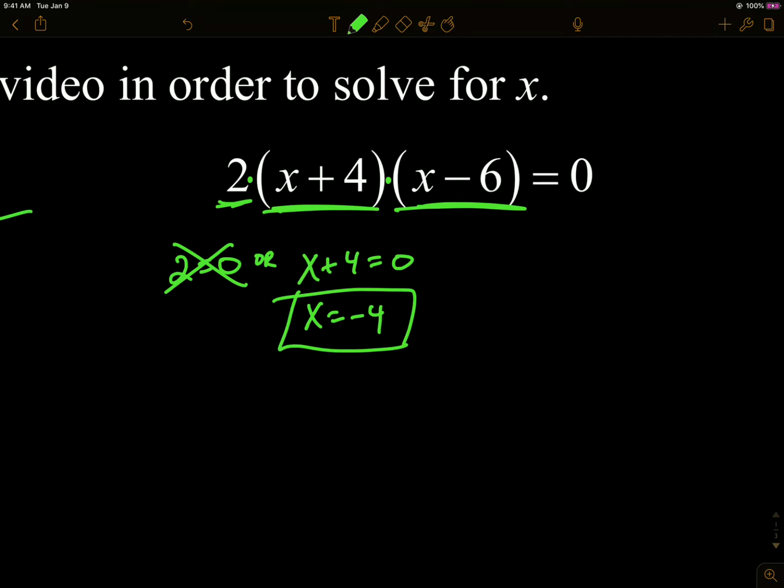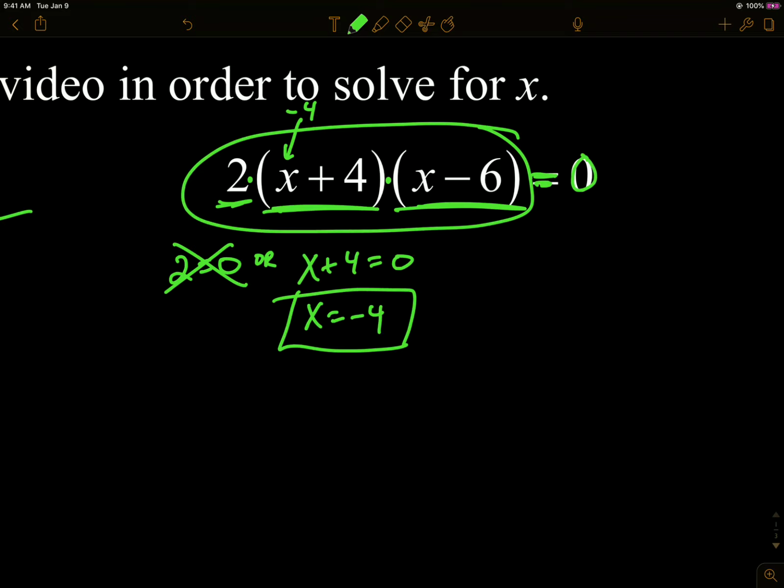If x plus 4 equals 0, then the whole thing by the zero product property equals 0, which is what we're trying to show. We're trying to find x's that make this whole side equal 0. Negative 4 is one of them, because if I plug negative 4 in, it makes this factor 0, and then the zero product property says the whole thing has to equal 0 if that product is 0.